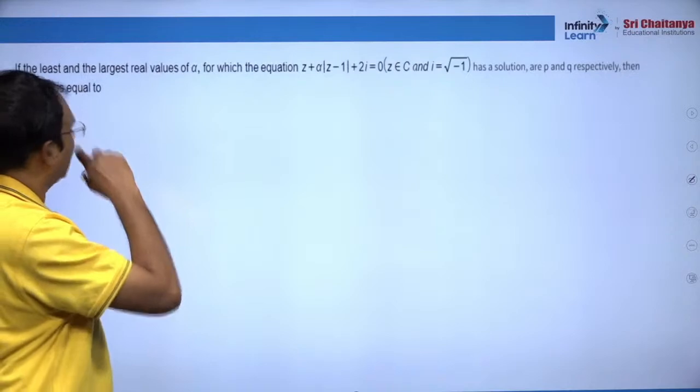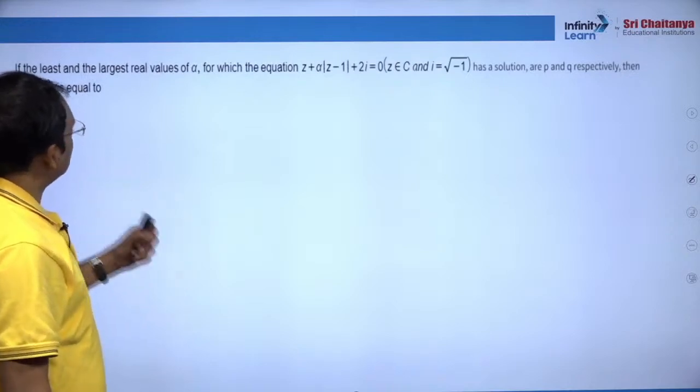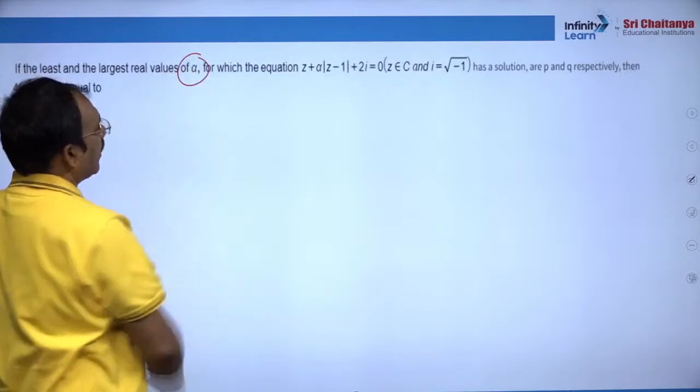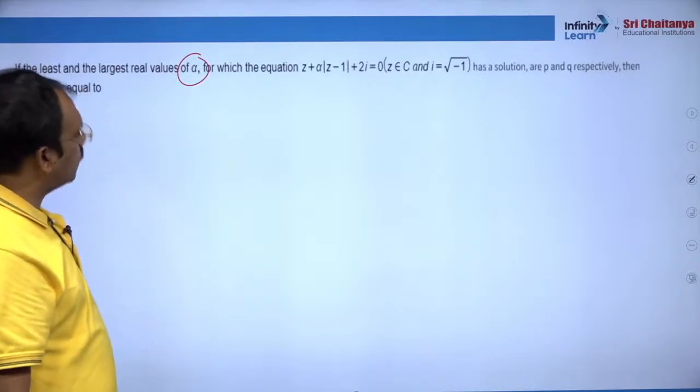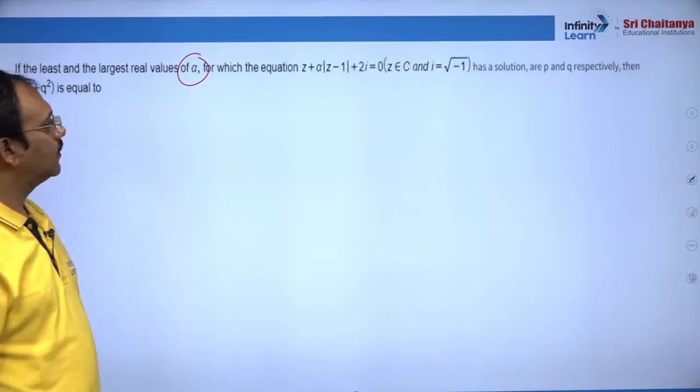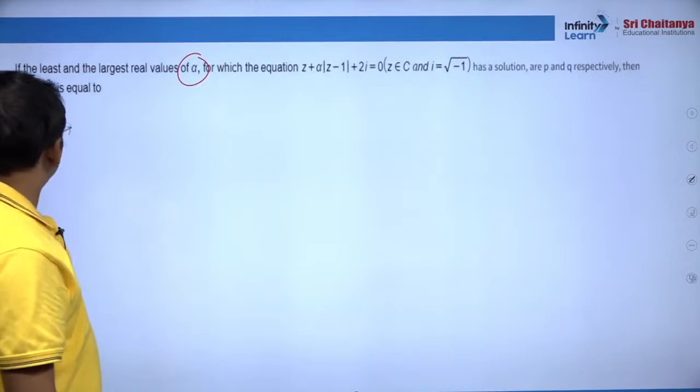Next, my dear friends, the least value and the largest value of alpha for which the equation has a solution are p and q, then find this.